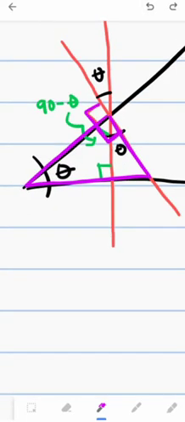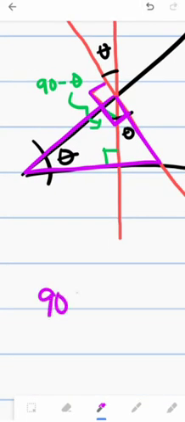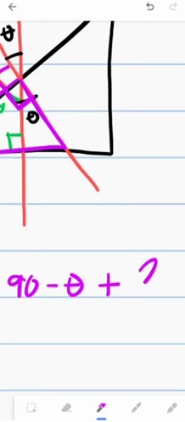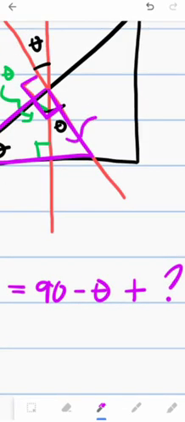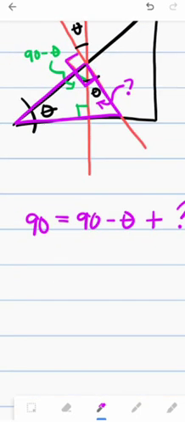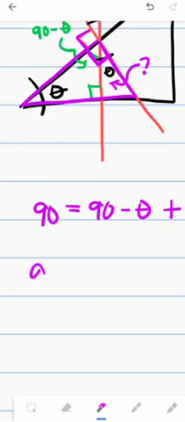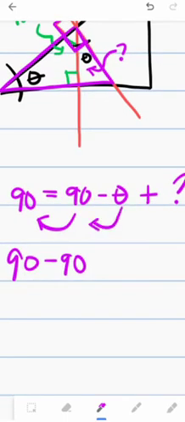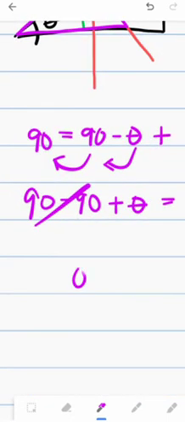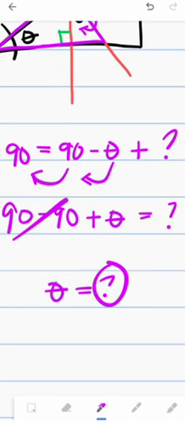So 90 must be equal to 90 minus theta plus the unknown angle right there. If we transpose, it will become 90 minus 90, then this will become positive, so plus theta is equal to the unknown. So it will cancel out, then theta is equal to the unknown angle right here.